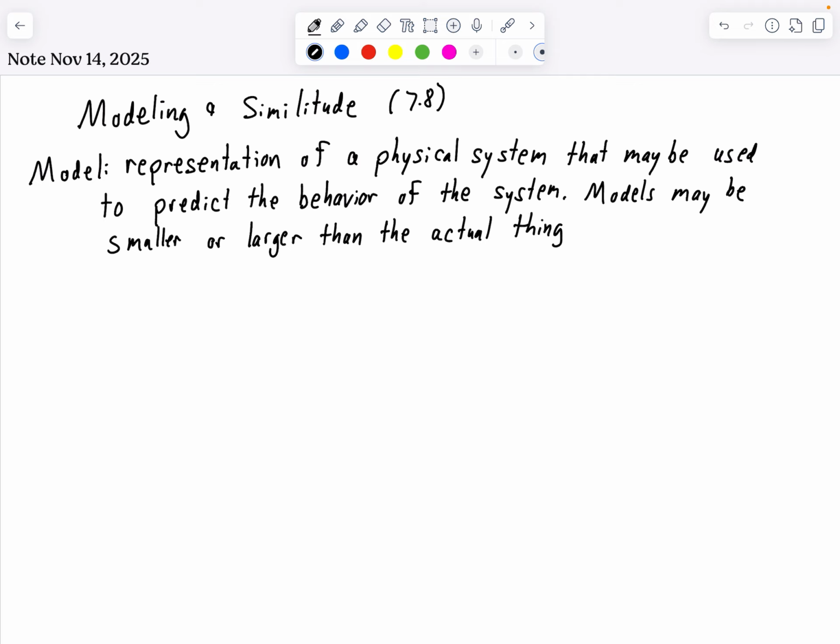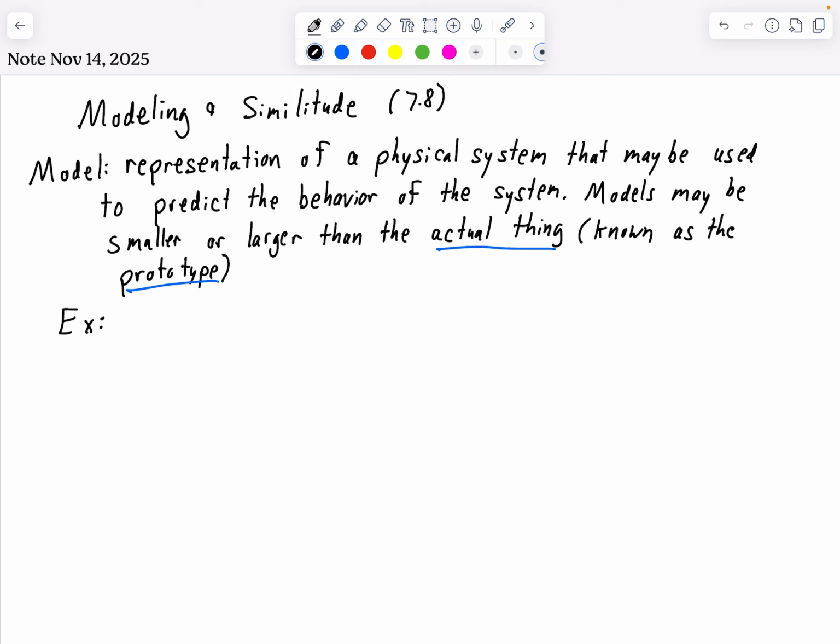Now, the actual thing is known as the prototype. So the prototype is the actual thing, with its actual size, that you're trying to study, and the model is the scaled down or scaled up version that you build in order to do some studies on and to test.